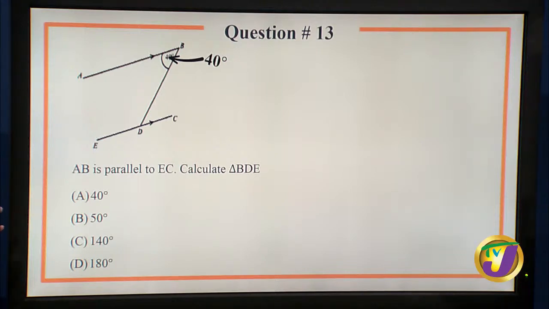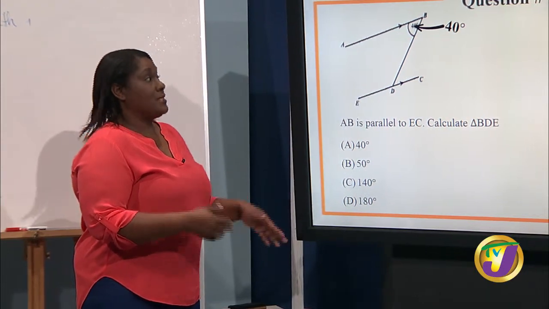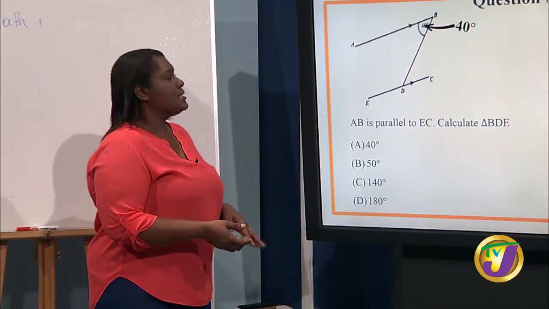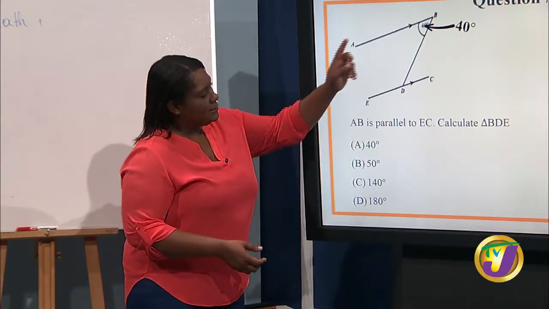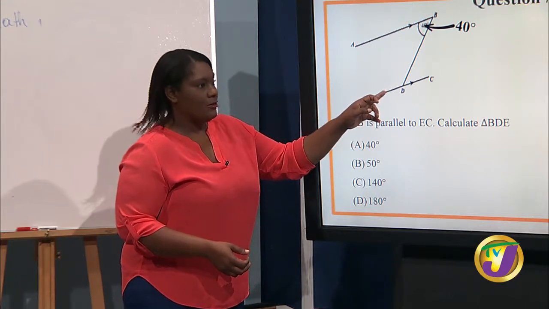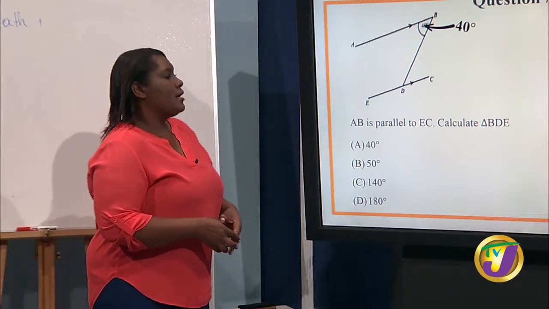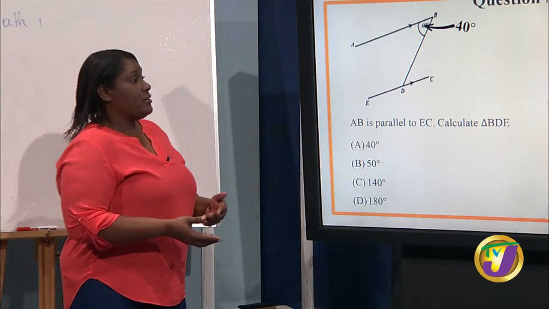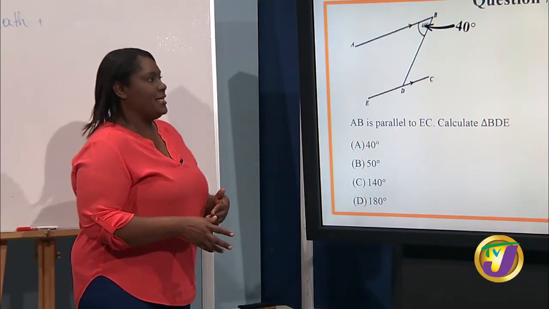So, are these angles at a point? Are they vertically opposite? Are they corresponding angles? And we are asked to find angle BDE, which would be this angle right here. And those two are co-interior angles, meaning they are supplementary, they add up to 180 degrees.